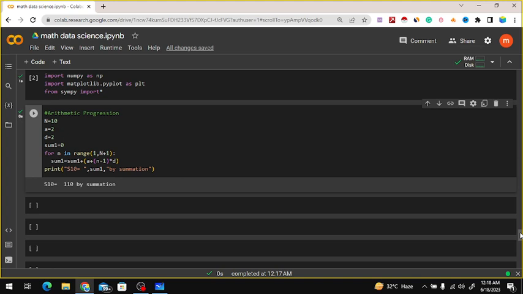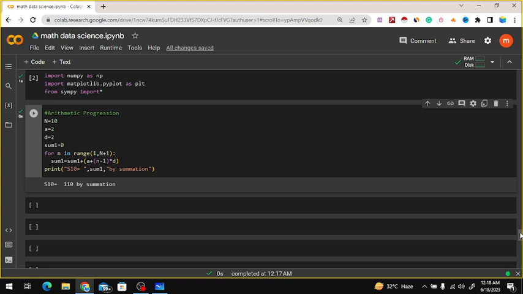And if r is greater than 1, you can write the inverse, a r to the power n minus 1 divided by r minus 1. And if r equals 1, then it is na. These are the very basics.